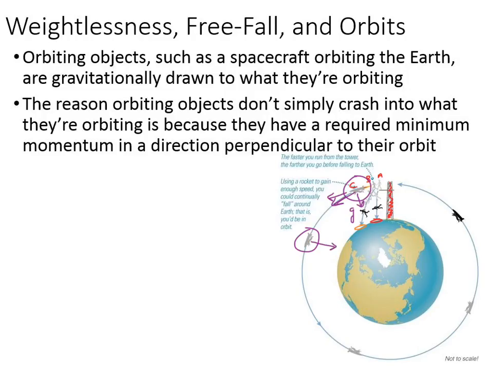Gravity's pulling the ISS down. It has a boost in this direction, and the resultant is, I'll choose red, that. So they are falling to the Earth. It's just that they're missing the Earth as they fall. So it's free fall.